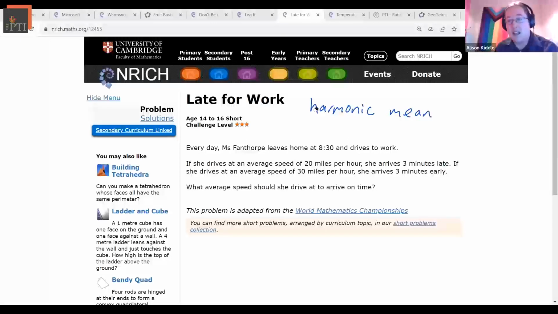I don't remember coming across this for quite a long time, and then it turns out that it's quite interesting. It's got some quite interesting properties, so that's something to go away and have a look at for its applicability to speed, distance and time problems. There's a nice bit on the Wikipedia page for different types of average about this.